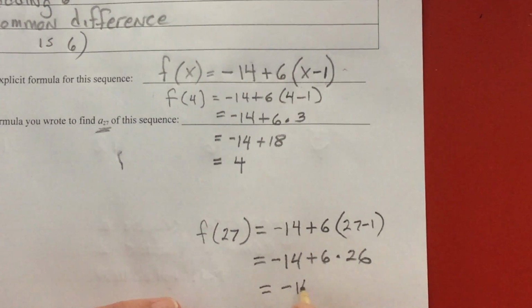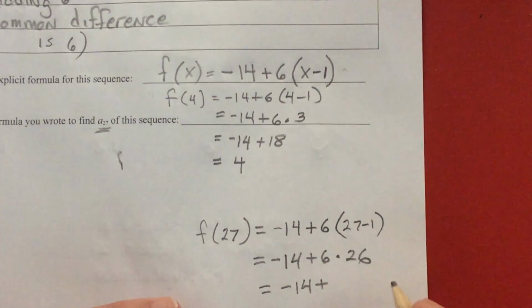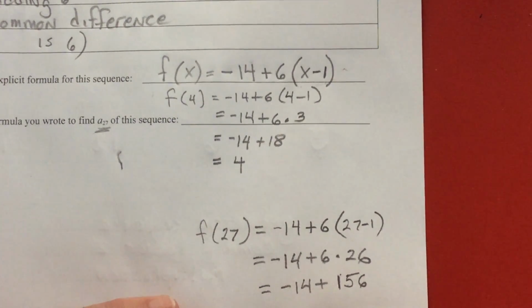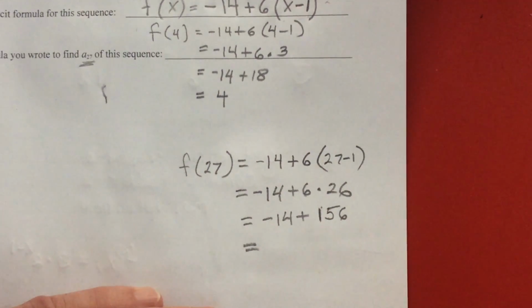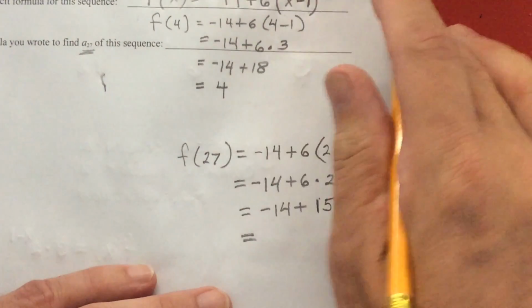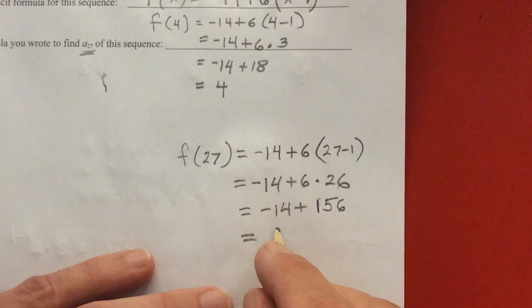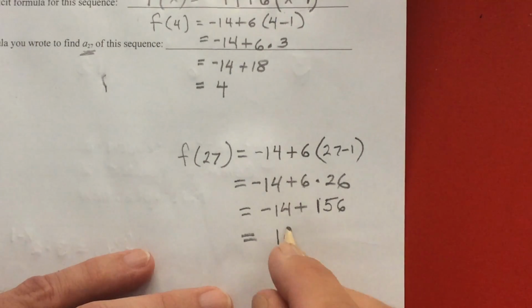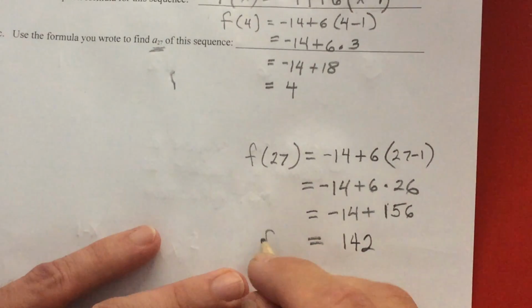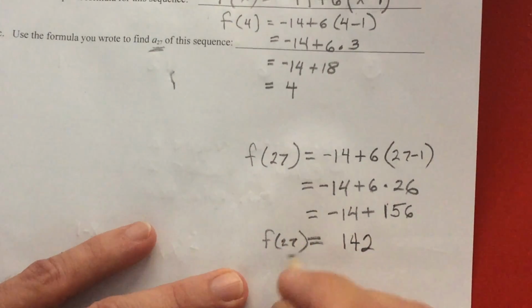That's negative 14 plus 156. And so now we have to subtract this, so it's going to be 142. And that's going to be f of 27, or the 27th term.